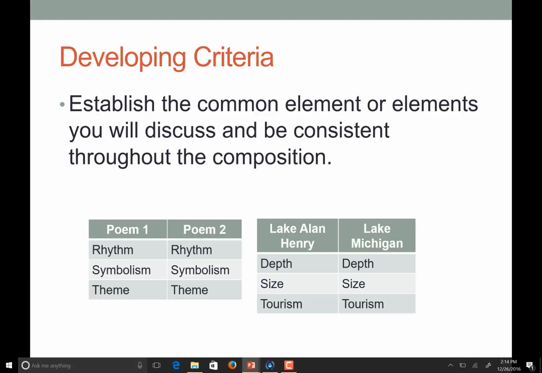It's important to understand that we have to use the same criteria for both of our topics here. So if I talk about rhythm, symbolism, and theme for poem 1, I have to talk about rhythm, symbolism, and theme for poem 2. I can't talk about rhythm, symbolism, and theme for poem 1 and then talk about imagery, metaphor, and figures of speech for poem 2. That's not comparing and contrasting.